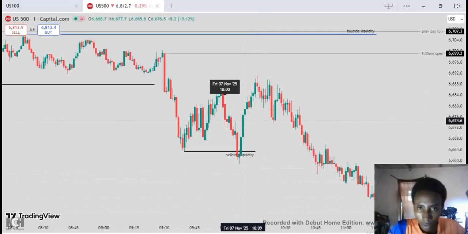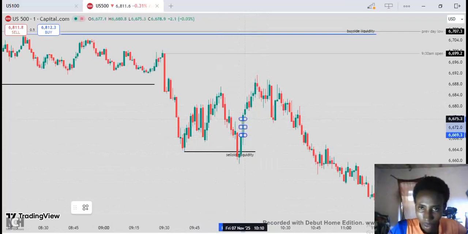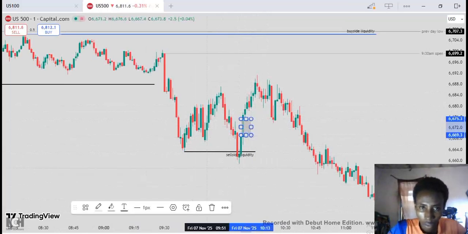Alright. So at this point, this is where I start to look for the 2022 ICT model entry. So this fair value gap was very important. Very important fair value gap.